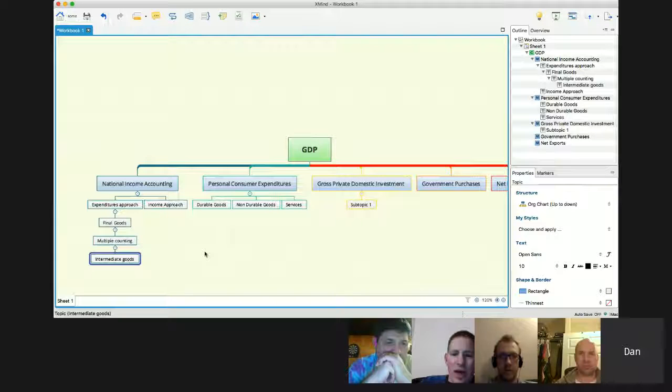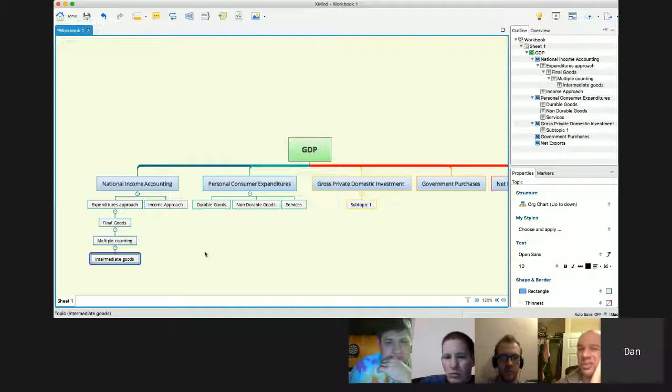Now, for value added, don't we want to look at that under the investments, or is that someplace else? I'm trying to think of where we should put value added. Well, it says sold by a firm, less the value of the products, materials purchased and used by the firm. So that would not go under gross profit. That would be intermediate goods, right? Because that's considered an intermediate good.